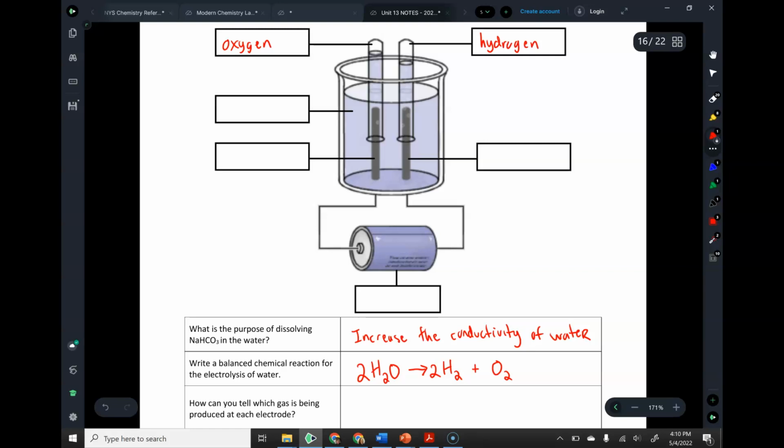And when you're running this reaction in class, you can actually see the gases being generated at two very different rates. One of the electrodes is going to be producing a ton of bubbles, that's hydrogen. One is going to be producing substantially less, that is oxygen. And that's happening in your water with that sodium bicarbonate baking soda present.